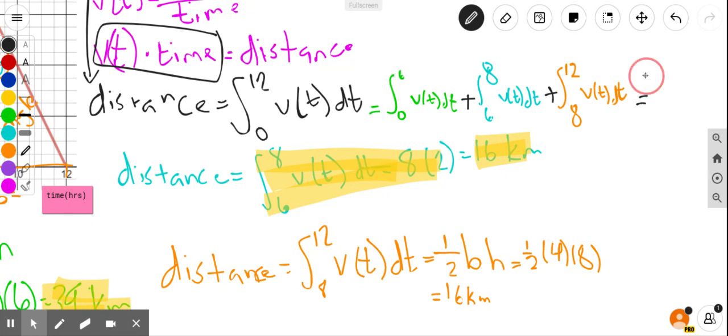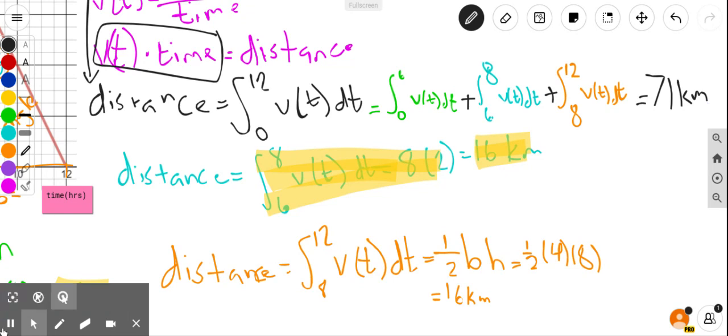So it turns out that this raft traveled 71 kilometers. So when you're finding an integral, you can break it up into smaller pieces if it helps you find the area underneath the curve a little better. Hope this helps.